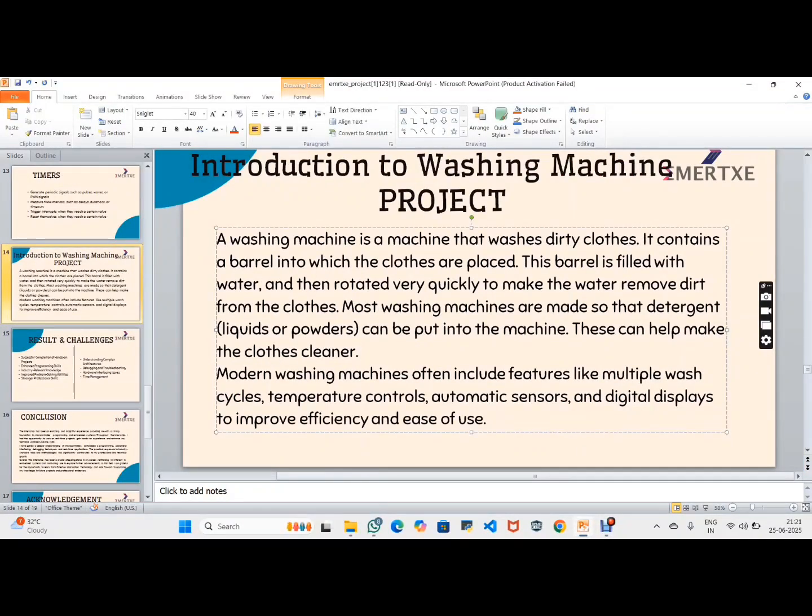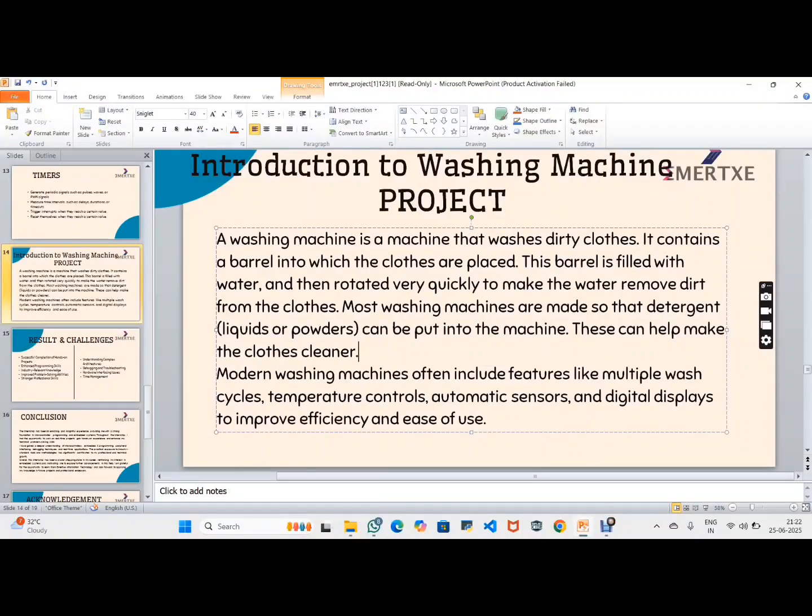Introduction to the washing machine. A washing machine is a machine that washes dirty clothes. It contains a barrel into which clothes are placed. This barrel is filled with water and rotates very quickly to make the water remove dirt from the clothes. Most washing machines are made so that detergent, liquid or powder, can be put into the machine.